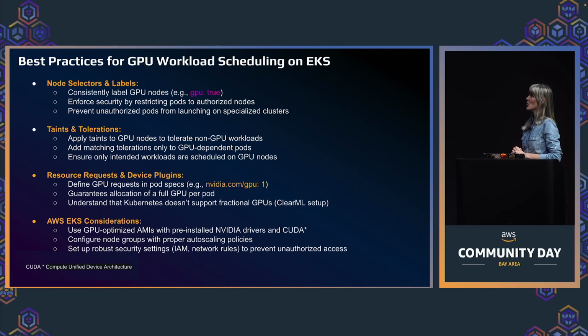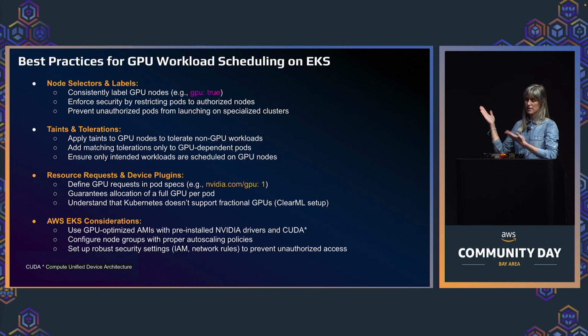So, best practices, right? We talked about EKS, Kubernetes, GPUs, and what goes on the GPUs, AMIs. Now, if we want to build the workload, what are the good practices? Once I am in my cluster, I want to make sure everything is in place. So you label things as you see need.